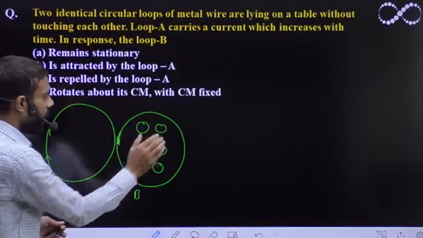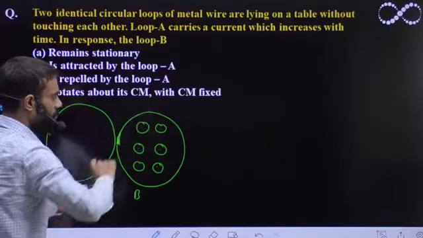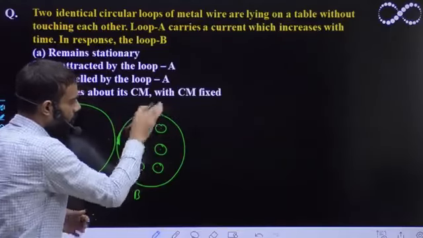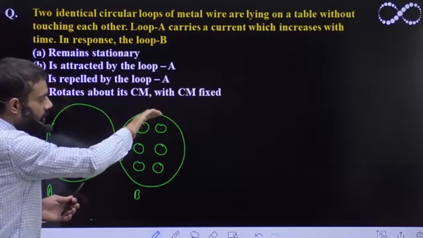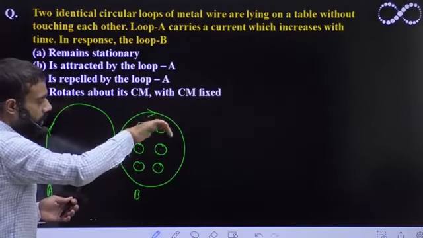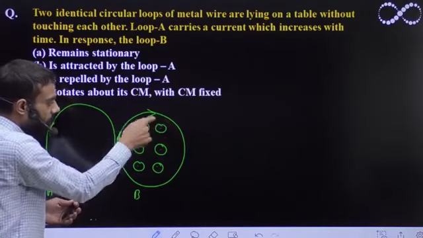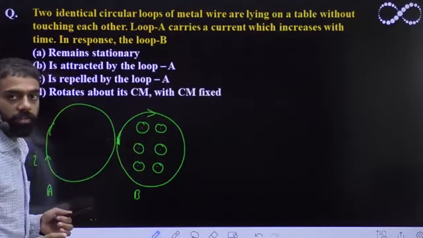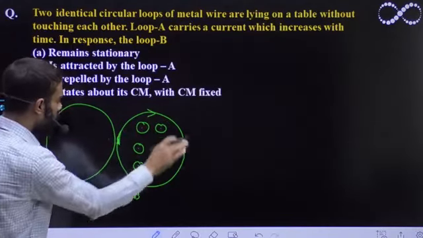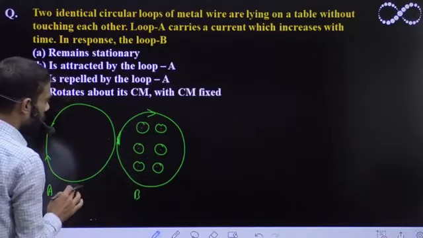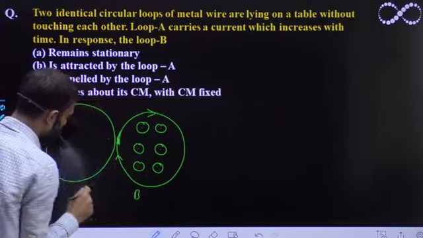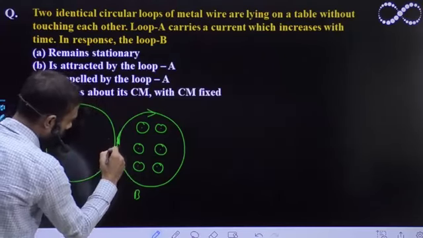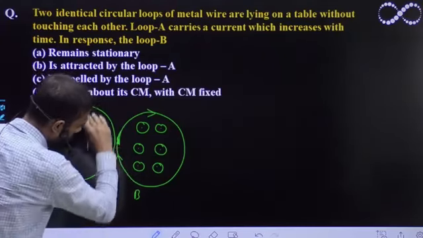So the induced current will go like this, then only the induced magnetic field will go into the plane of paper and oppose the existing magnetic field. So here the current will go upward and here the current will go downward.